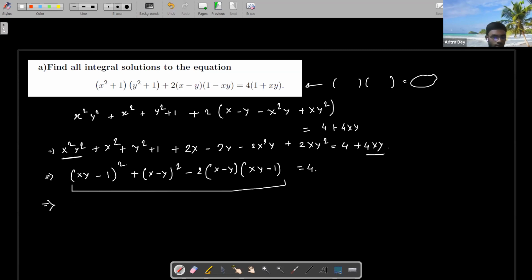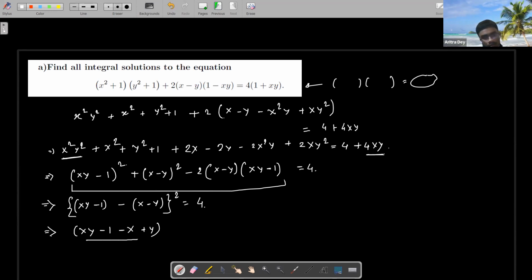So we can write it as (xy minus 1 minus (x minus y)) whole square. This is basically equal to 4. Very good.